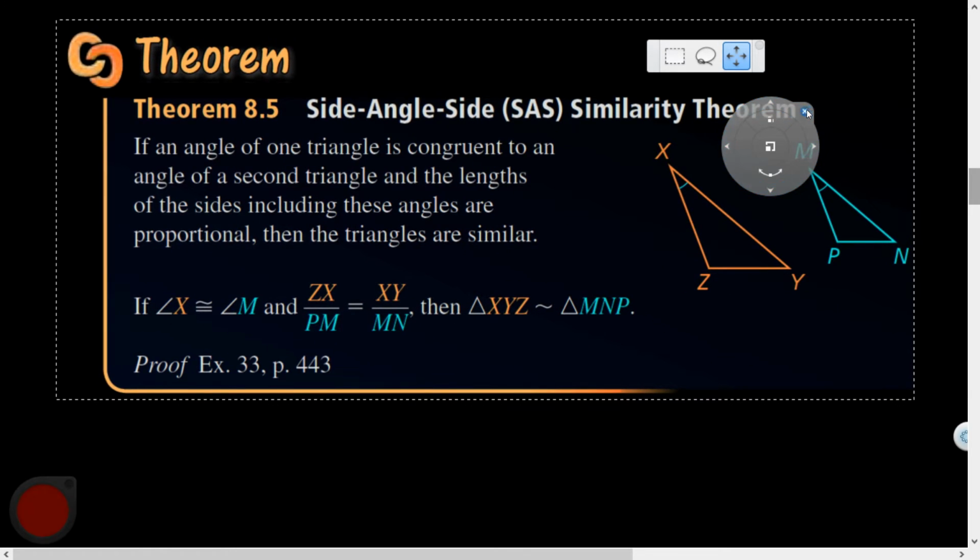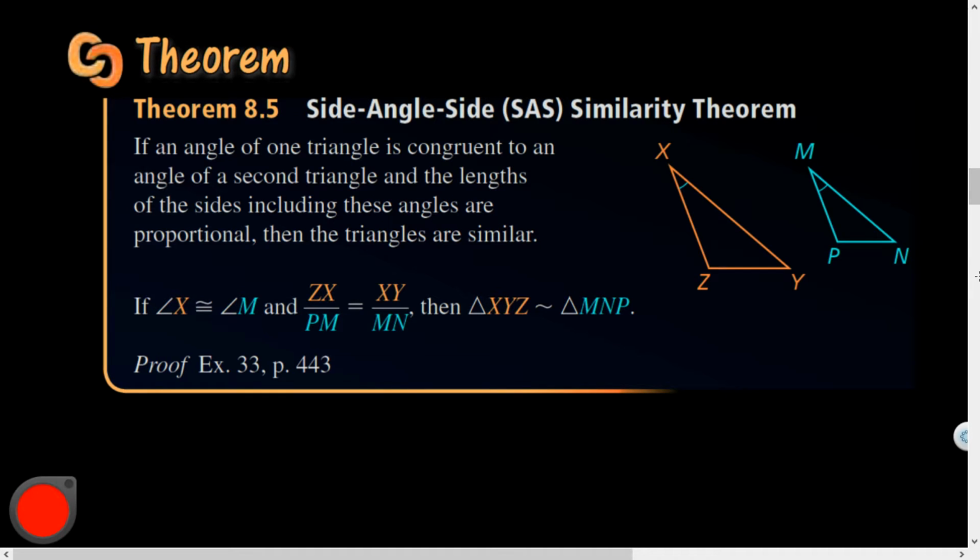All right, how about this? What? Side angle side? But for similarity? Wow, guys, we could call this SAS. Wow. I love it. The SAS theorem.